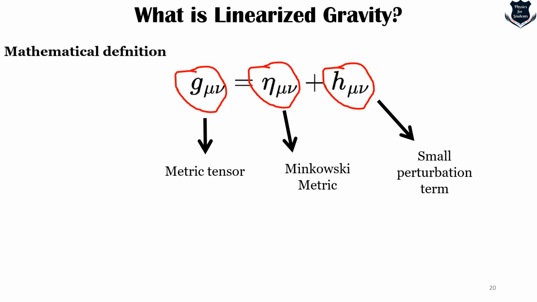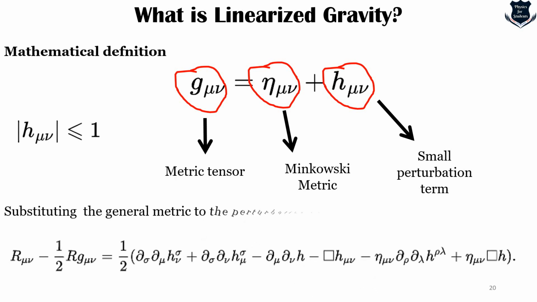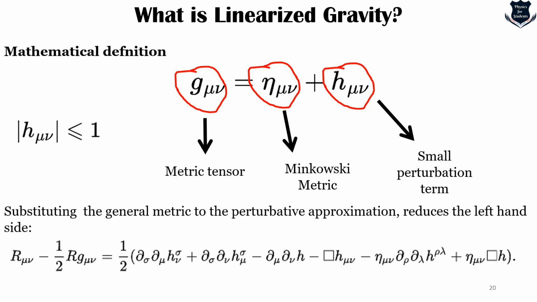Along with that, we use the perturbation variable h mu nu, so that perturbation theory is applied and things become easier. So we take this h mu nu as this one, which is much less than or equal to 1. Now what happens is that in this regime, if we substitute the general metric for this perturbation approximation, it results in a simplified expression of the Ricci tensor.